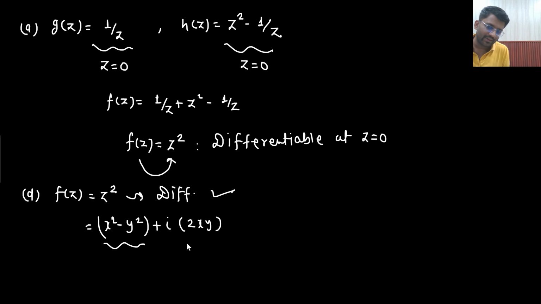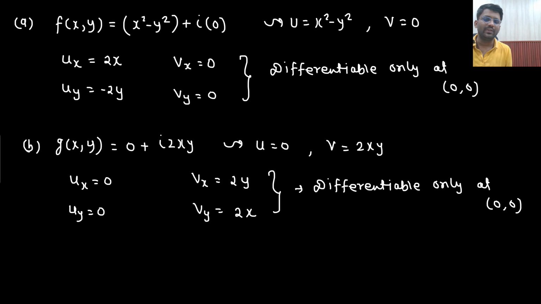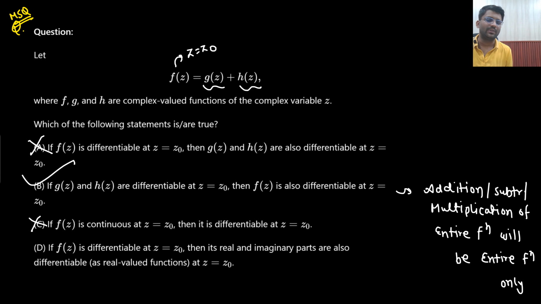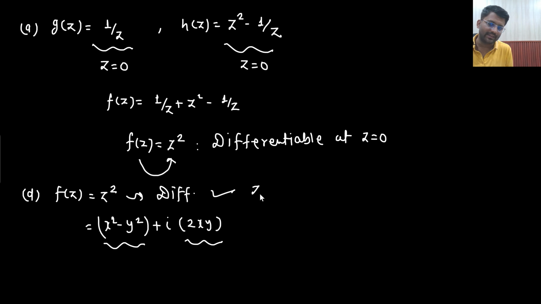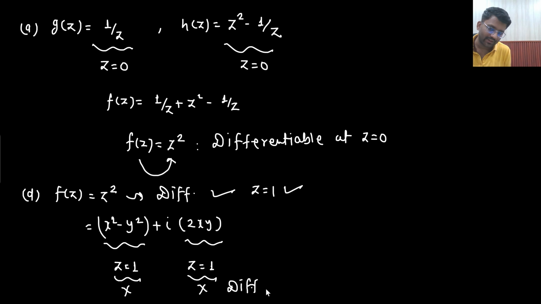Are they differentiable everywhere? It is only differentiable at (0, 0). We have seen it is only differentiable at (0, 0). That means z square is differentiable at z equals 1, yes, but is your real part differentiable at z equals 1? No. Both are not differentiable at z equals 1.